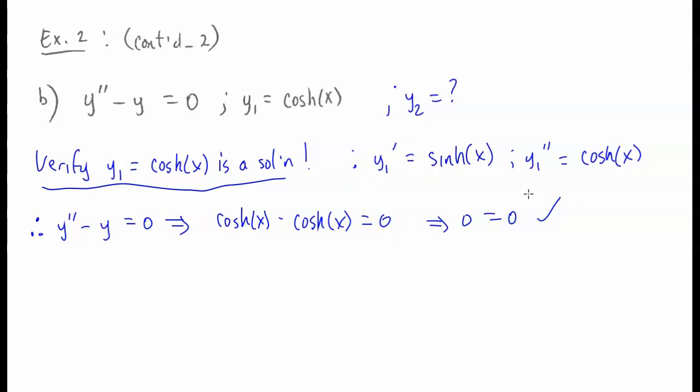Now, one thing I do want to point out before we move on, because it may get lost in the sauce here, is that if I was to let y equal 0 here, y equals 0 would also satisfy this particular equation.